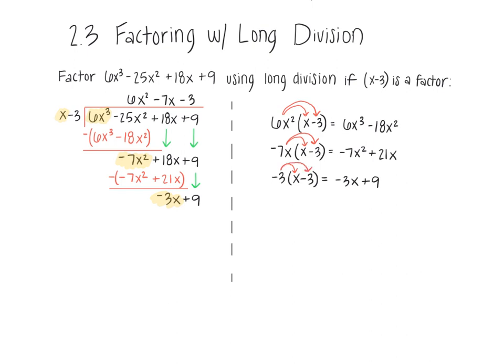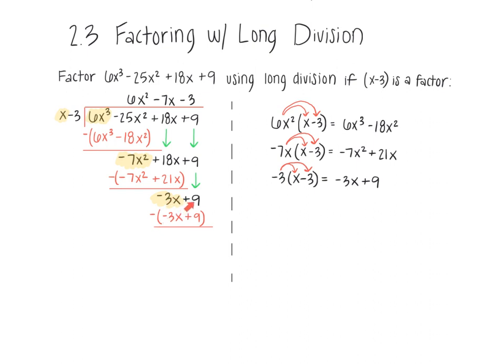And the final step is going to be to subtract our new equation from our previous remainder. So minus negative 3x plus 9. Now, of course, negative 3x minus negative 3x is the same thing as negative 3x plus 3x, so our leading term disappears.